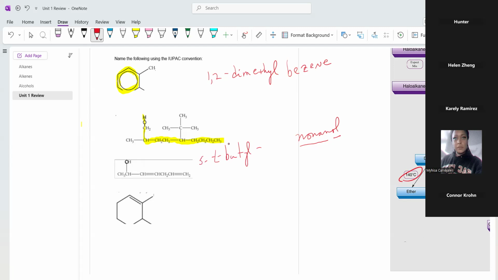And this is on 3. Okay, so ignore the T. So that ends up being a B-butyl. B comes before M. So 5-T-butyl, 3-methyl.